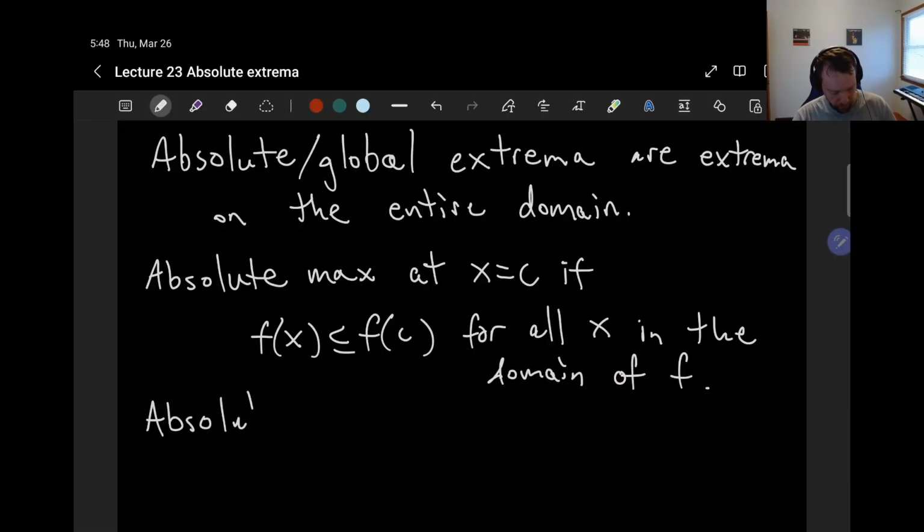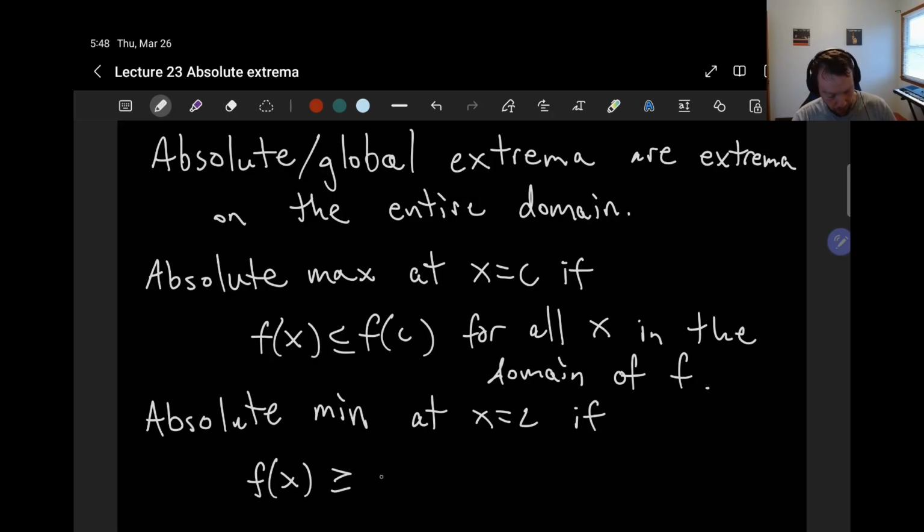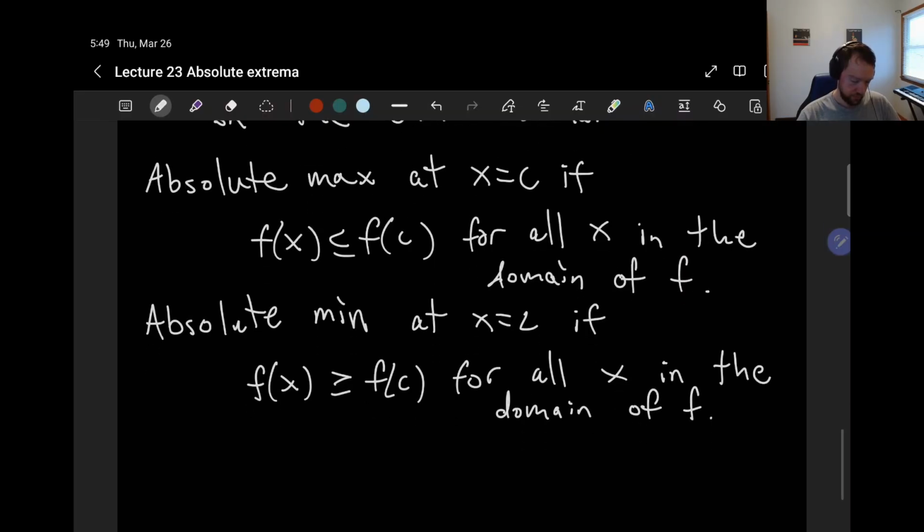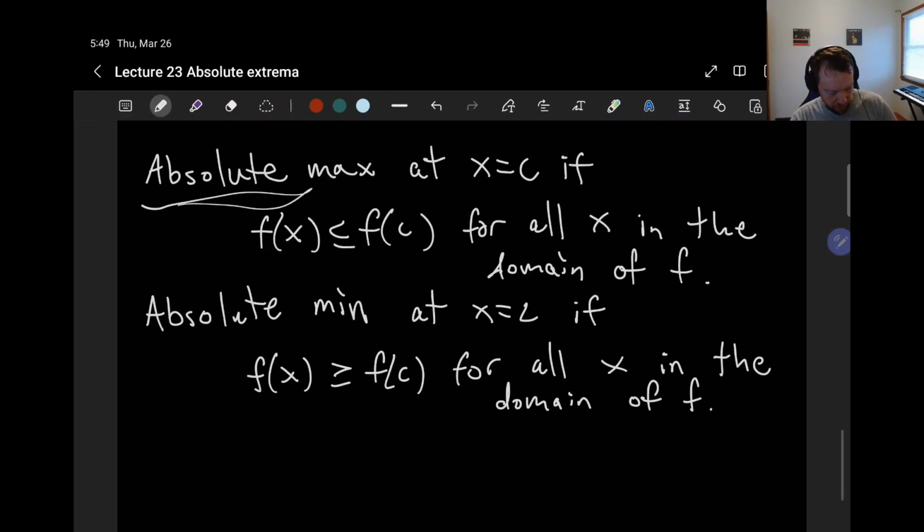And similarly, for an absolute or global minimum, we have one of those at x equals c if every f of x is greater than or equal to f of c for all x in the domain of f. So this absolute, that's much stronger than local or relative maximum. It's a maximum over everything.